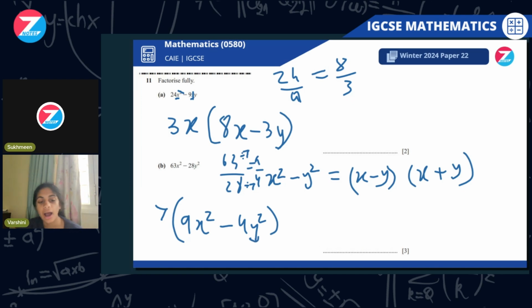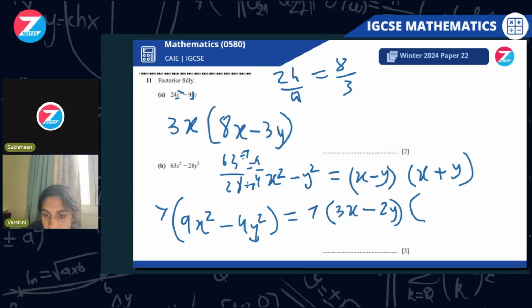Okay, so now we also know that 9 and 4 are perfect squares. So we know 3 squared is 9 and 2 squared is 4. So now we can easily write this in this format. So equals 7 times, don't forget the 7 in the front, and x over here is going to be the root of 9x squared, which is 3x, minus, now again, the root of 4y squared, which is 2y.